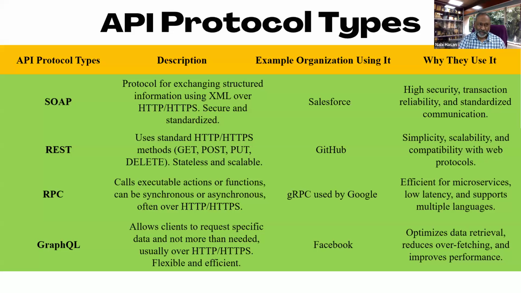As far as the API protocol types are concerned, these are the important protocols they follow: SOAP, REST, RPC, and GraphQL. These are examples of organizations using them: SOAP is used by Salesforce, REST by GitHub, RPC by Google, and GraphQL by Facebook. And these are some of the purposes.